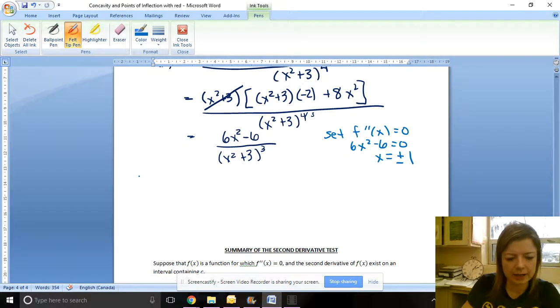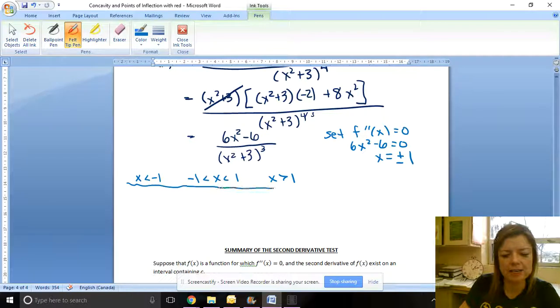So let's check on either side of them: less than negative 1, between negative 1 and positive 1, and then greater than positive 1. So we're checking the sign of the second derivative in each case just to see if it's positive or negative, to give us some information about the concavity.